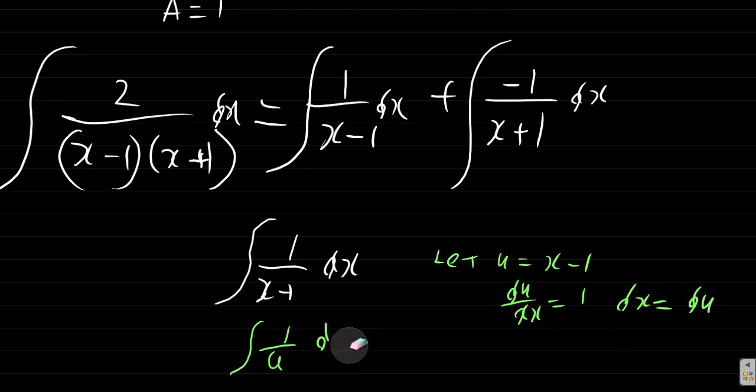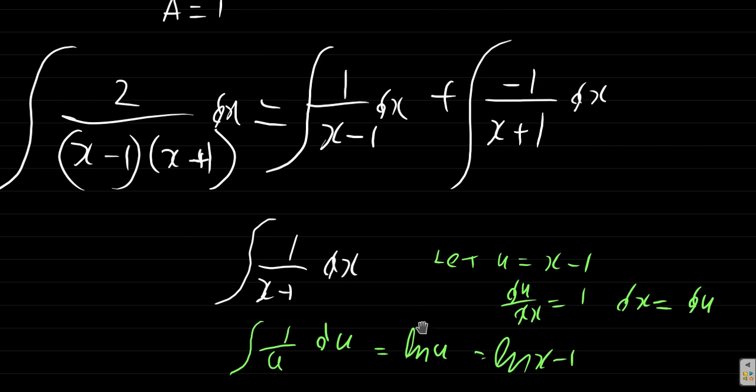So this dx, you can write it as du. So this is going to be ln u. You're going to be plus c, but since you're not finished and you're adding other things, let's leave the plus c until later on. Ln u, which is ln what? x minus 1. Alright?